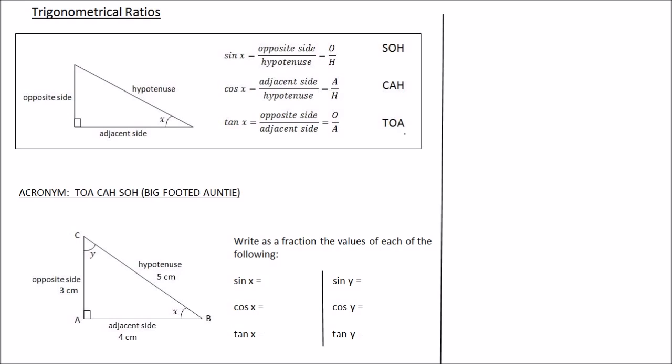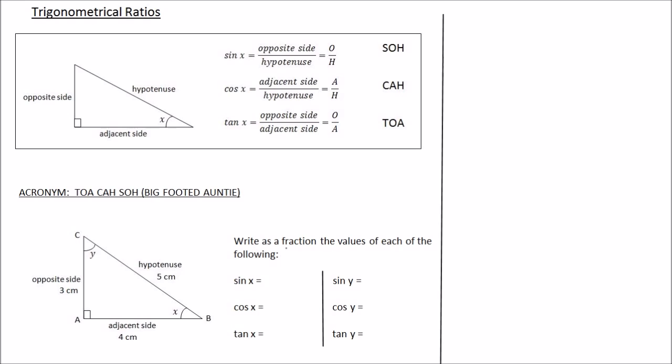Students in Singapore can remember the formulas here from the acronym TOA CAH SOH, which means big-footed auntie in the Hokkien dialect. So if you remember this acronym, you can work out questions like this quite easily.